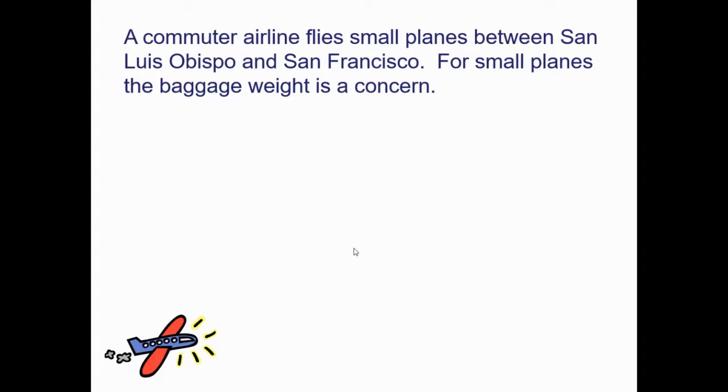The commuter airline flies between San Luis Obispo and San Francisco. For small planes, the baggage weight is a concern. As I'm sure you probably know, how much weight is in the plane determines whether or not it can take off.